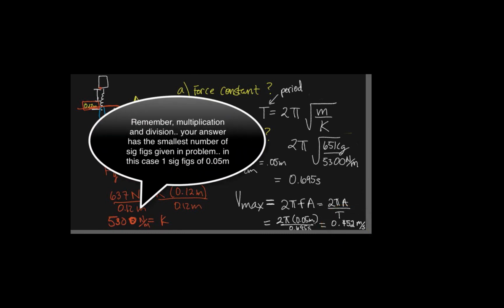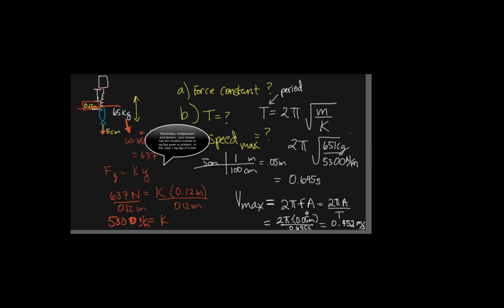Actually, by sig figs, it would be 0.5 meters per second because that only has 1 sig fig. Zeros to the left of the first non-zero number aren't sig figs. Right. Okay.